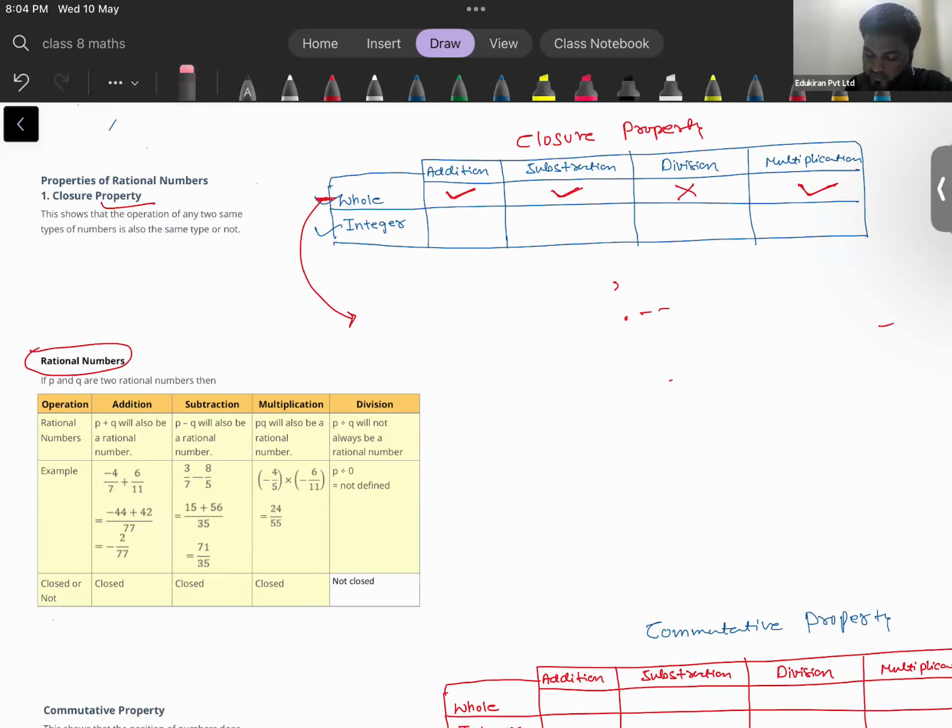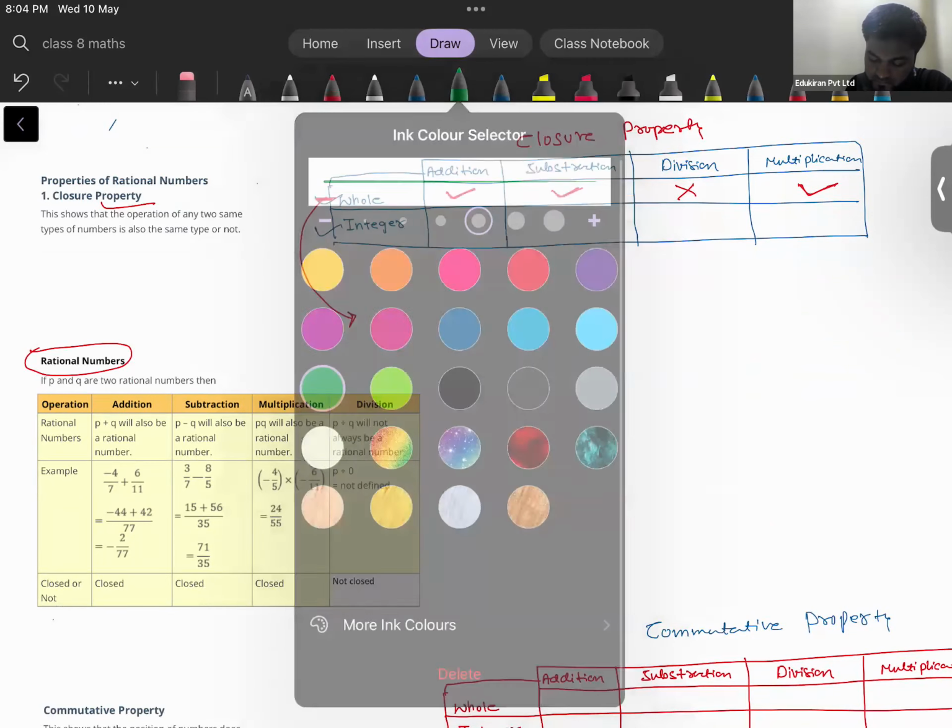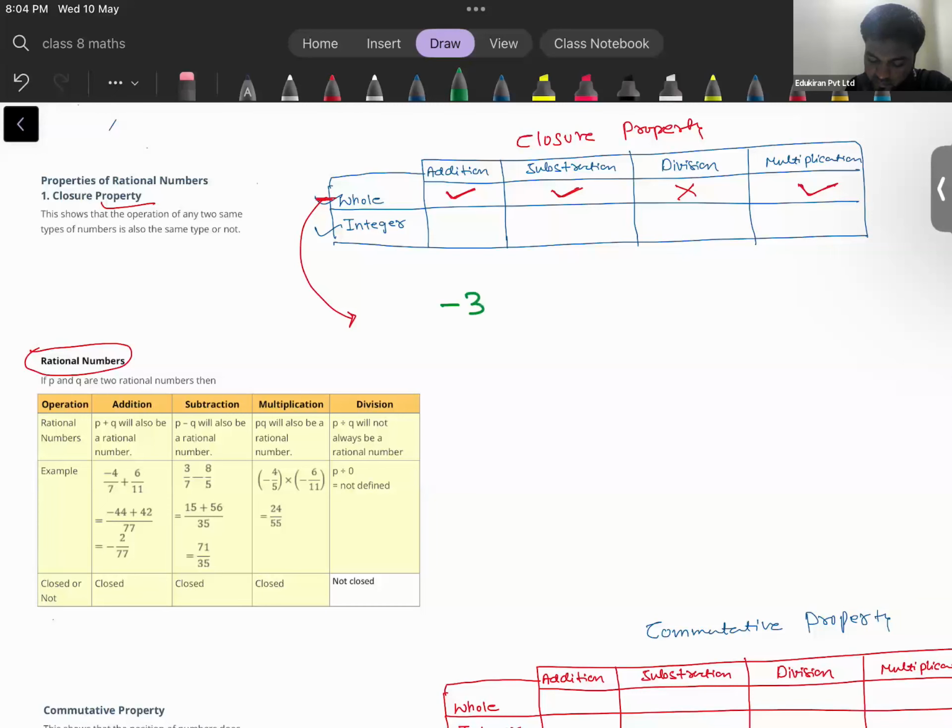Give me 2 examples of integers. -3 and -15. Okay, so let's check this for addition. If we add these two values, what is our answer?